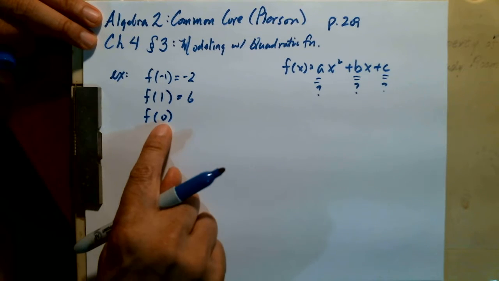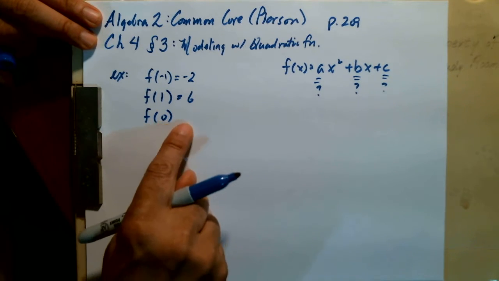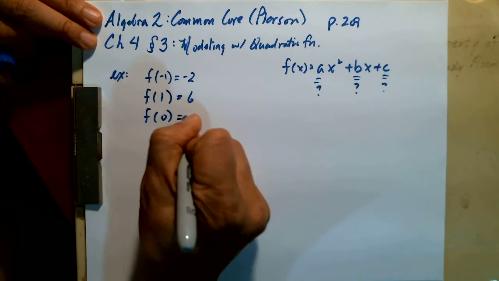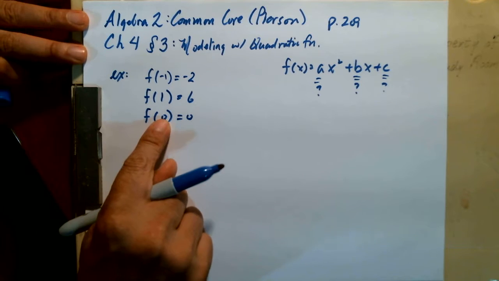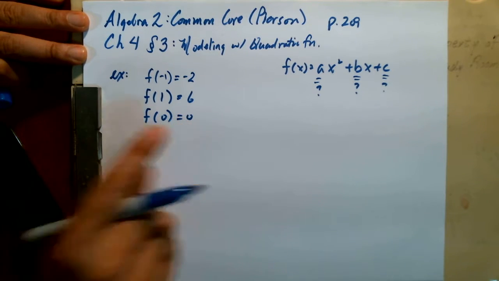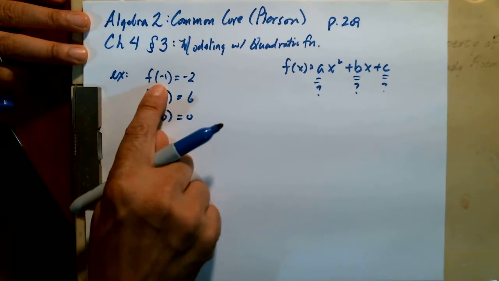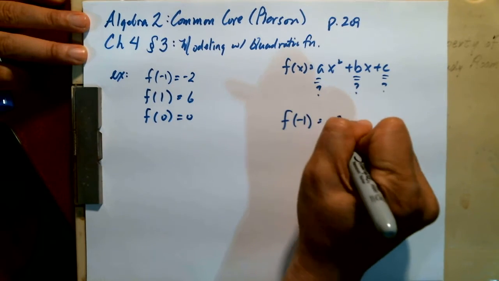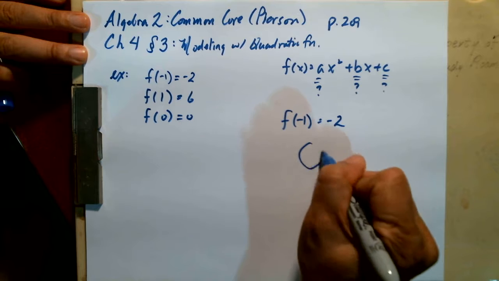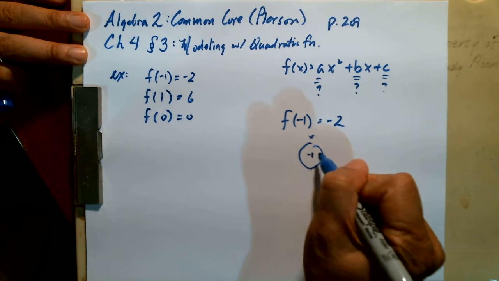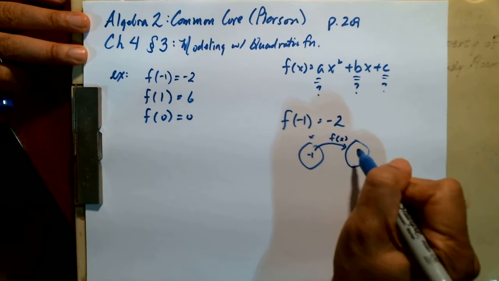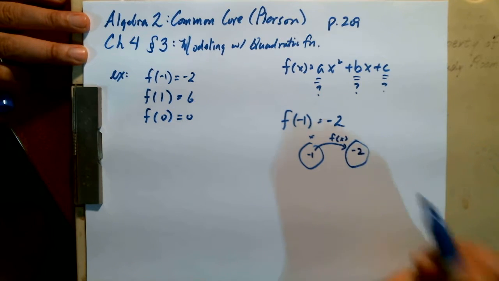When you input 0 for your x, your y value, which is your output, is also 0. So that's your input, that's your output, right? What does this mean? F of -1 equals -2. When you plug in -1 for your x, you end up with f of x, which happens to be -2.